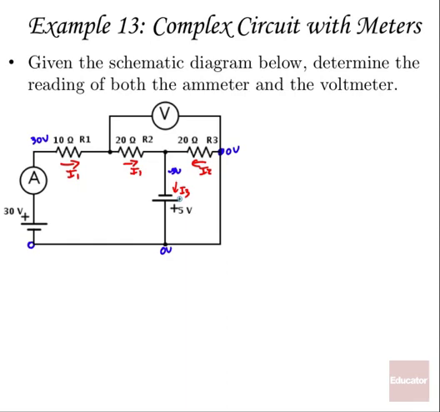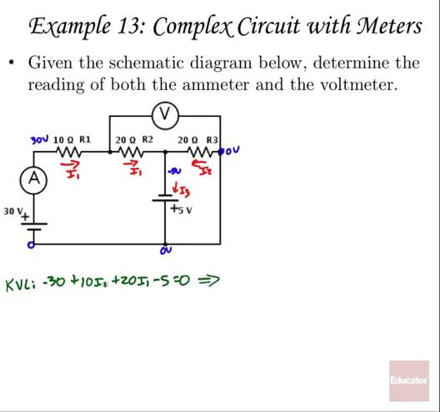So let's see what we have as we apply Kirchhoff's voltage law around the loop. And what we're going to do is start here. As I apply Kirchhoff's voltage law, I'm going to see negative 30 first, plus 10 I1, plus 20 I1. Then I see the negative 5 before I get back to where I started, equals 0.